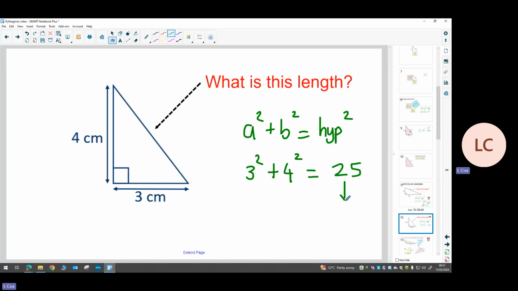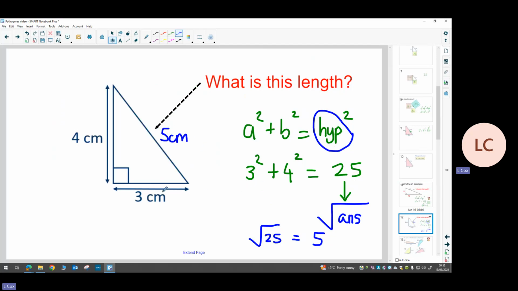So to get just the hypotenuse, and not the hypotenuse squared, I need to square root my answer from before. Yes, it's square root of 25, and the answer is 5. So what is this length? 5 cm.